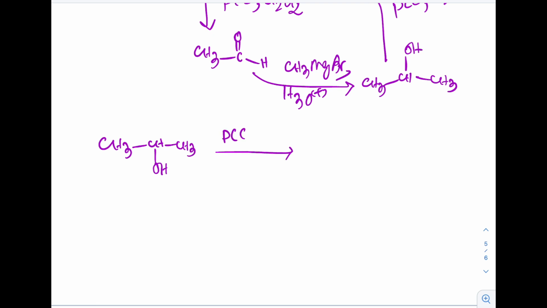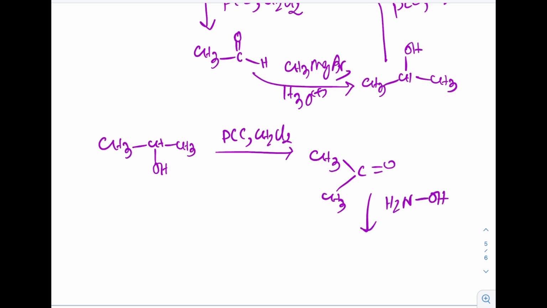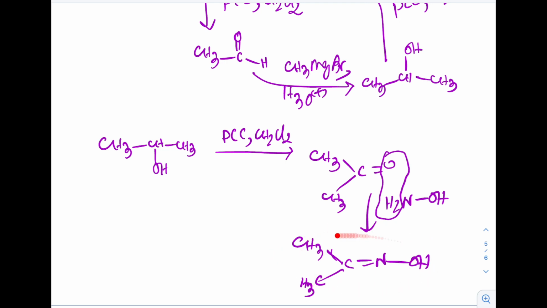When it is treated with PCC-CH2Cl2, it will be oxidized to the corresponding ketone, and when it reacts with hydroxylamine, a condensation reaction will happen to form the corresponding acetoxime. This is referred to as acetoxime because it is the oxime of acetone.